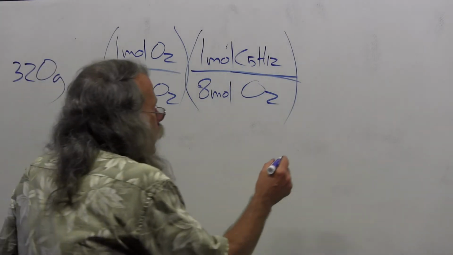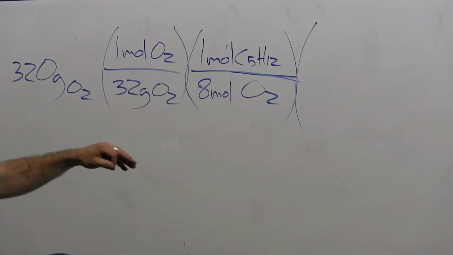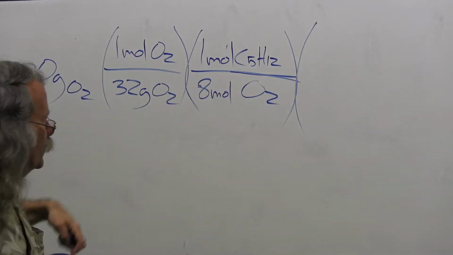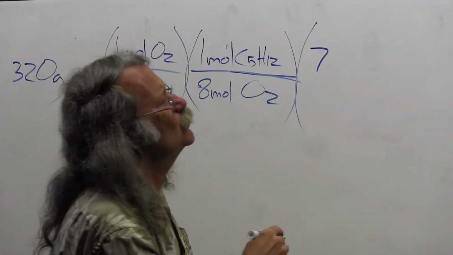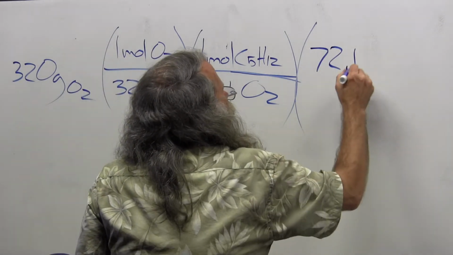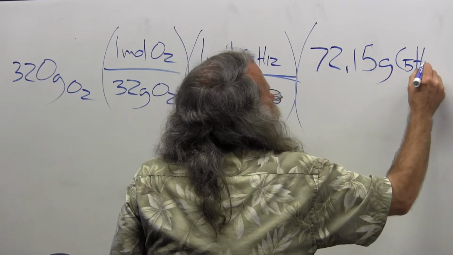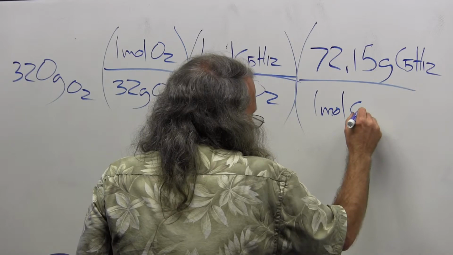And so now I need to convert from moles of pentane to grams of pentane, and there are 72.15 grams of pentane for every 1 mole of pentane.